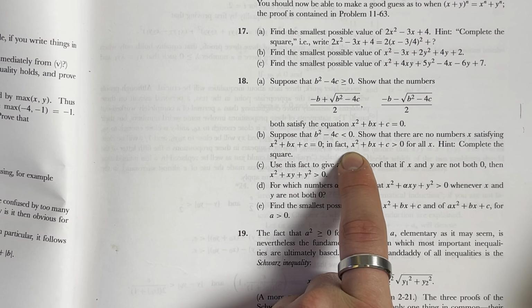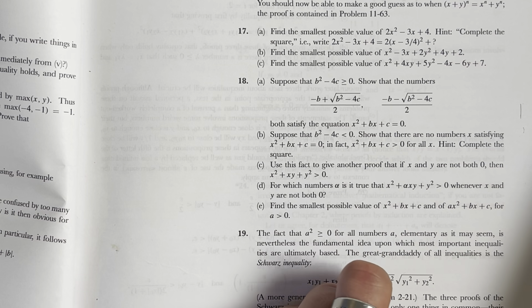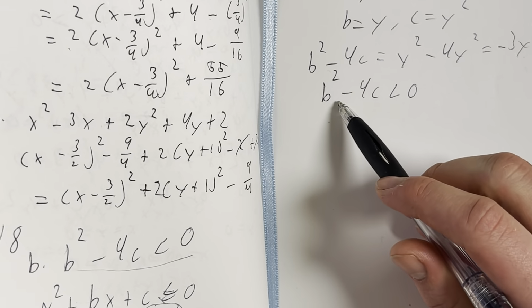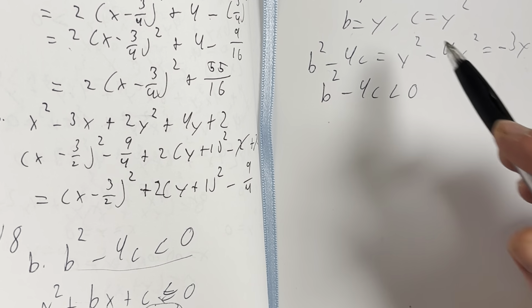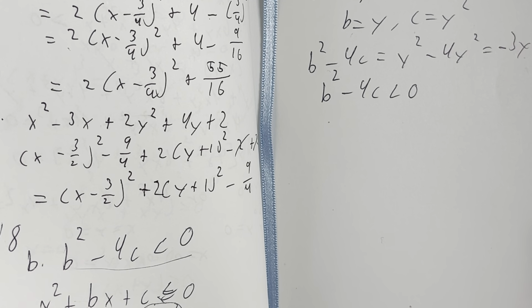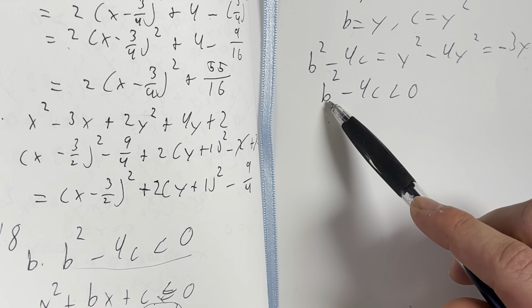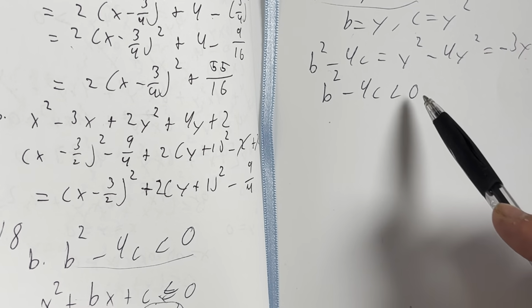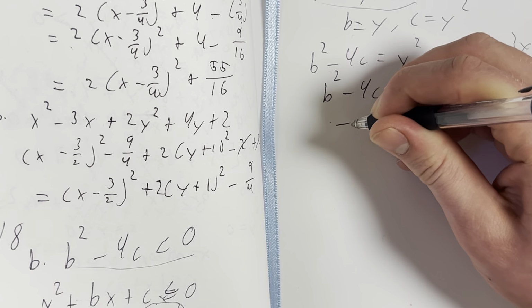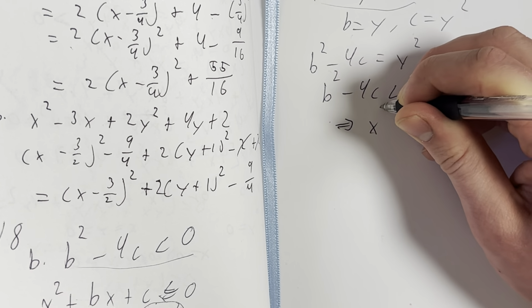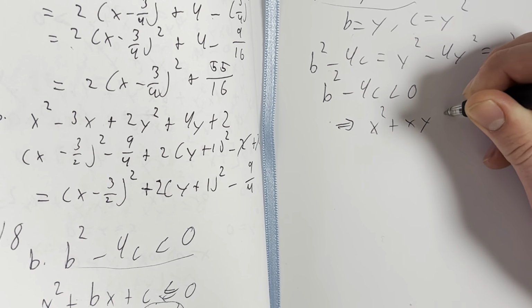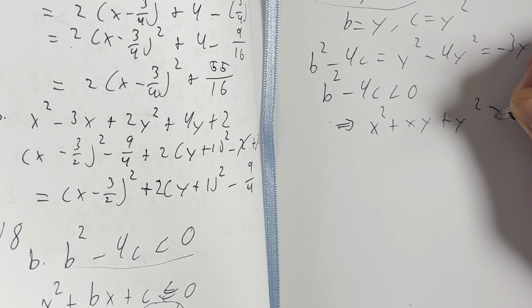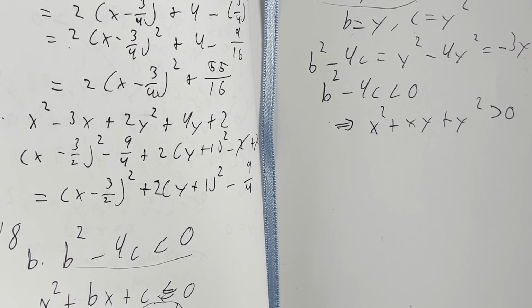By just completing the square, we find this fact. And then, because in our definition of b and c, we found that b squared minus 4c in this kind of quadratic equation was less than 0. Thus, we find that x squared plus xy plus y squared is greater than 0. Nice.